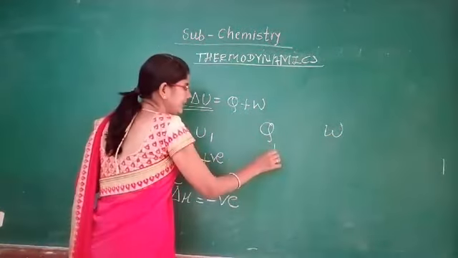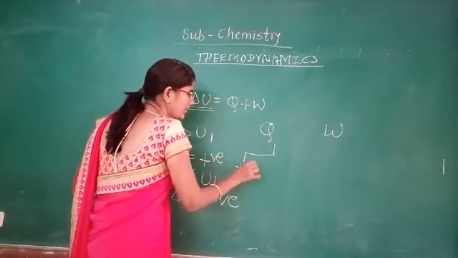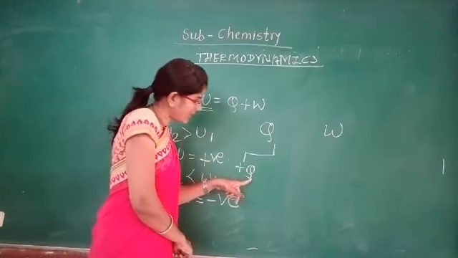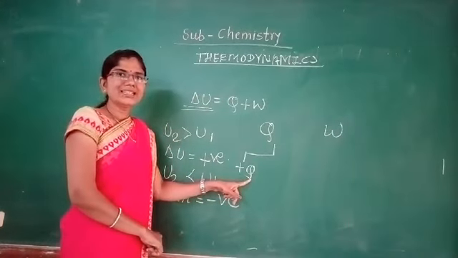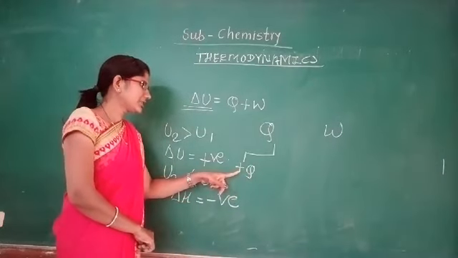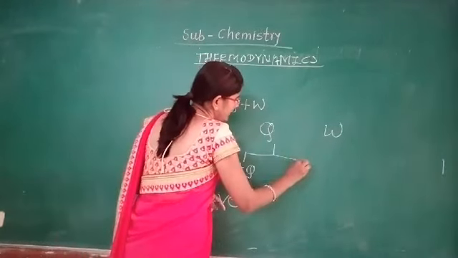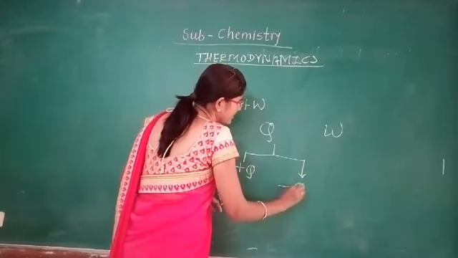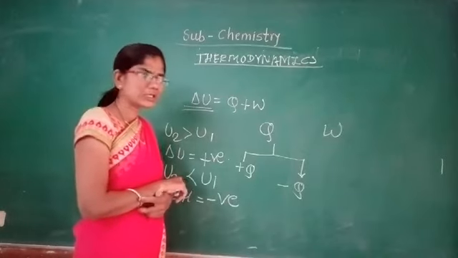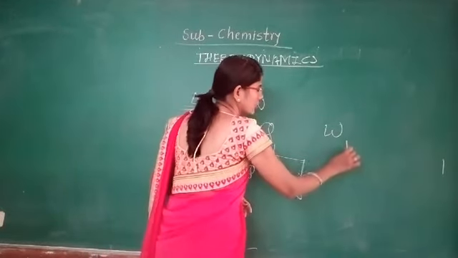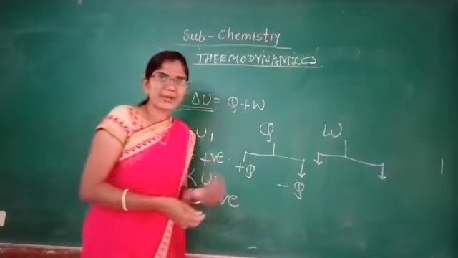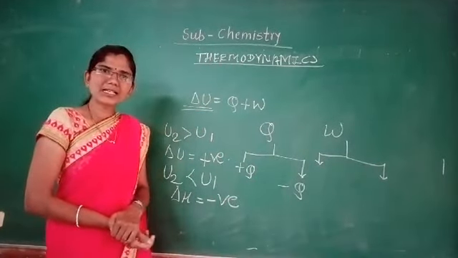If heat is absorbed by the system, then the value of Q, that is the heat, is positive, and if heat is released by the system, then the value of Q is negative. Also, we have a sign convention of work done in terms of compression and expansion.